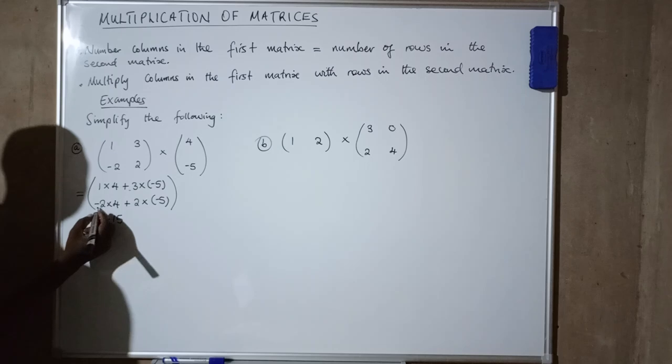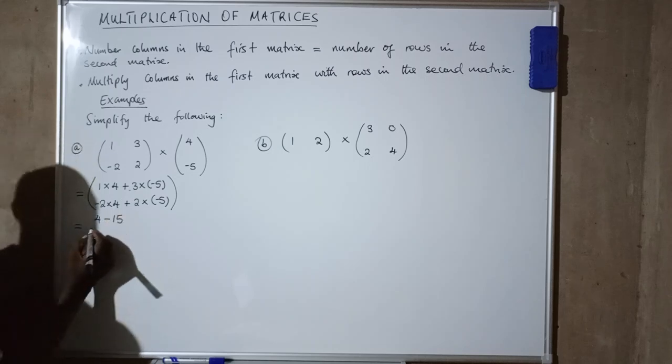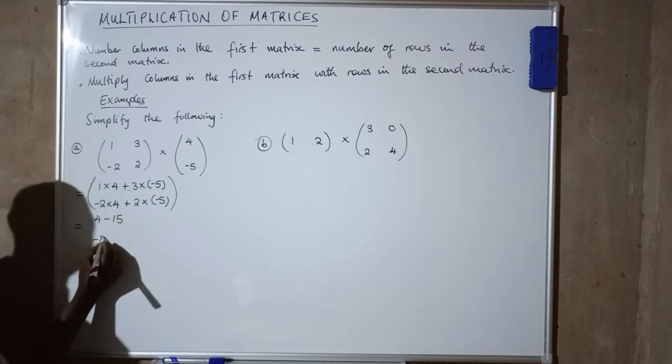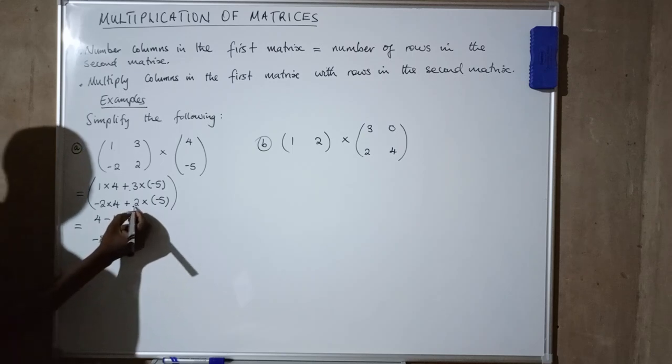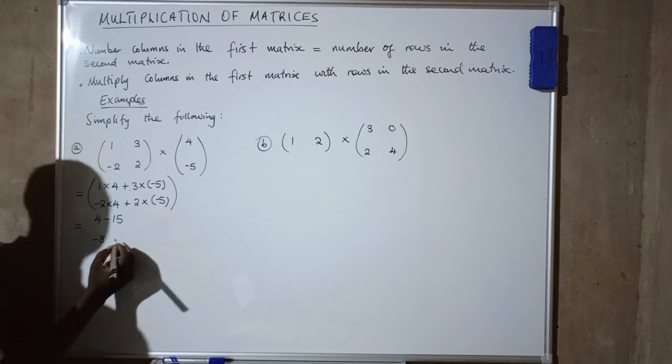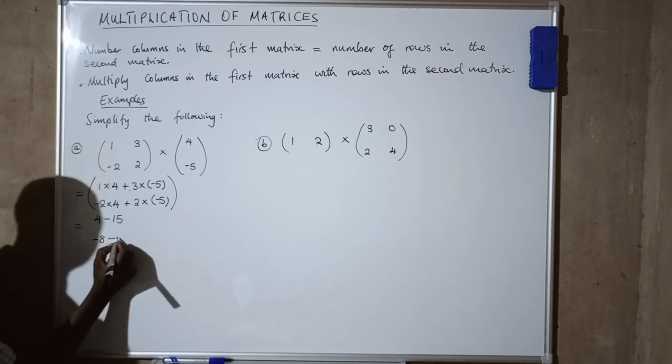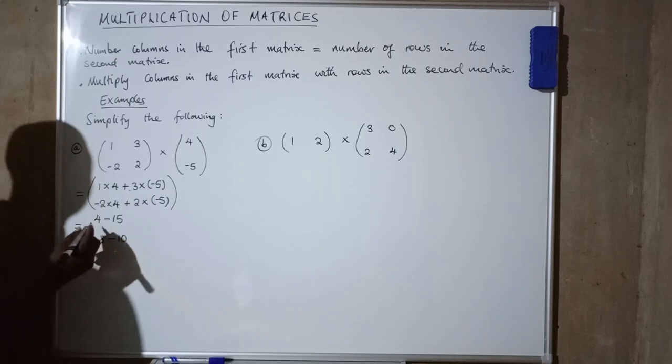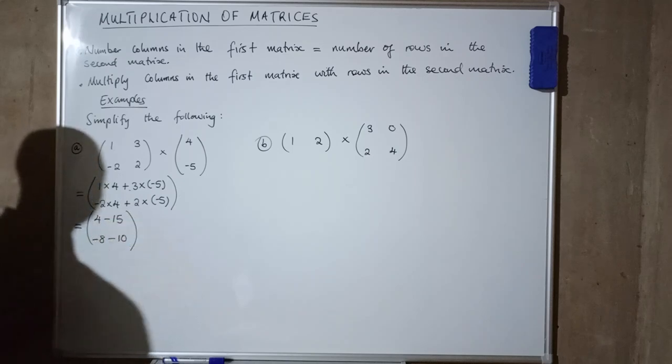Then here you say negative 2 times 4, you have negative 8. Then positive 2 times negative 5, you have negative 10. Then you close like that.